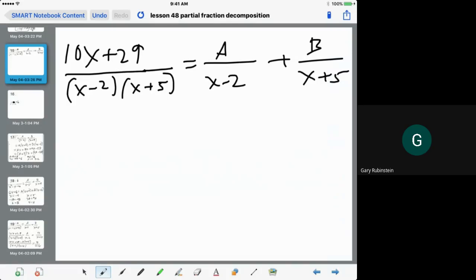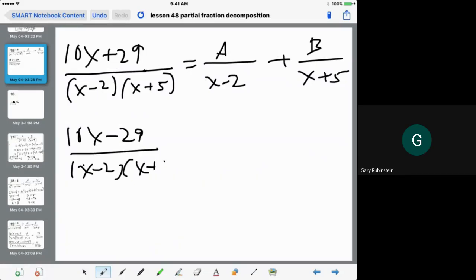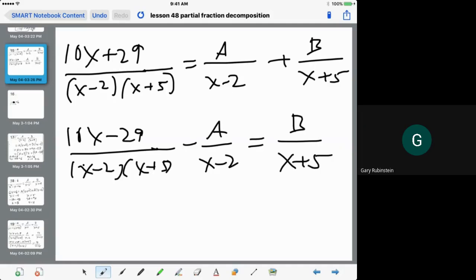So let me just get my mind straight on this. Let's say I were to subtract the a over x minus 2 from both sides. And then I were to combine this with a common denominator of x minus 2, x plus 5.